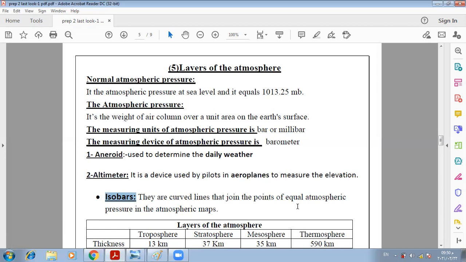Okay, it's used to identify or explain how the wind moves from high atmospheric pressure to low atmospheric pressure.